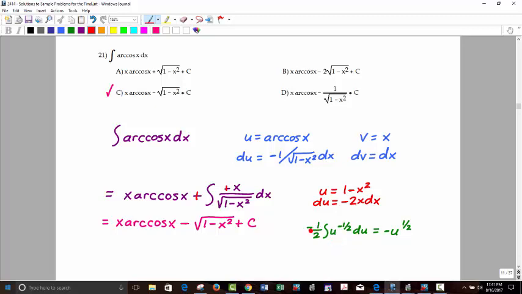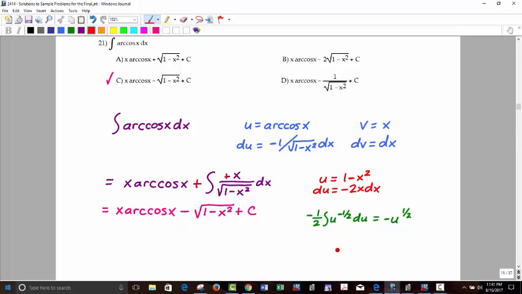The 1/2s cancel, the negative doesn't cancel, so you would have a -1 here, and then u to the positive 1/2. You can write all that out for yourself. I'm not saying you have to do all that in your head, but write it out. I just kind of left out some steps like that. So basically you just have -u to the 1/2, so this problem just now turns back to negative. So you have x arc cosine of x minus the square root of 1 minus x squared plus c. So it will be answer C.